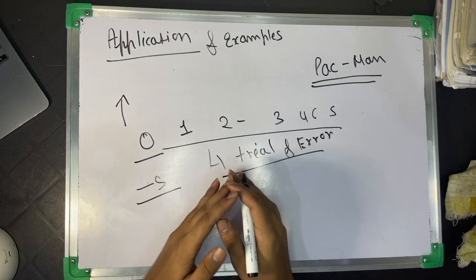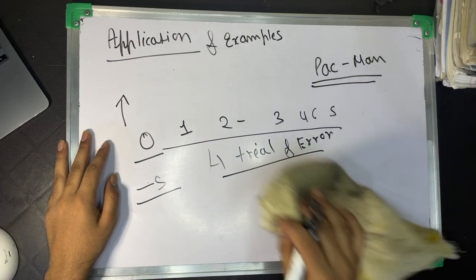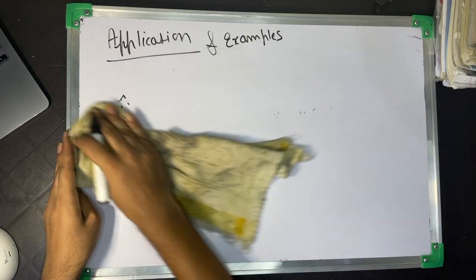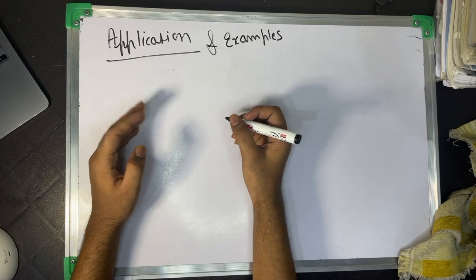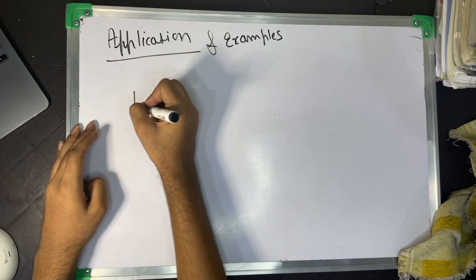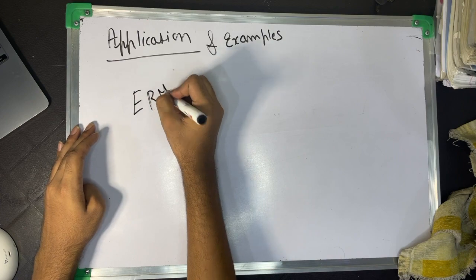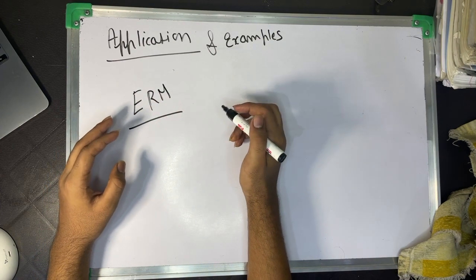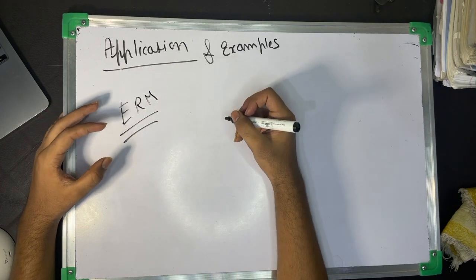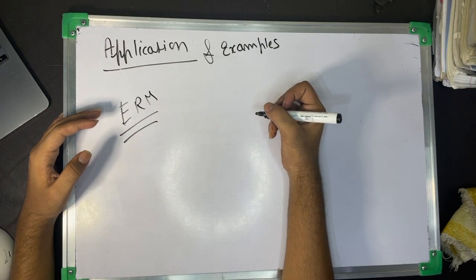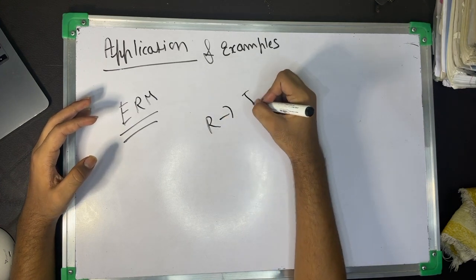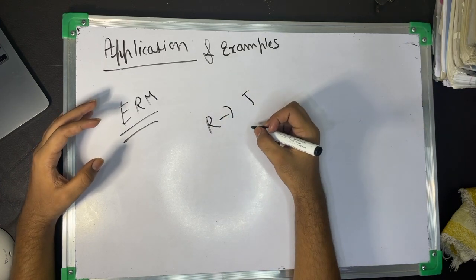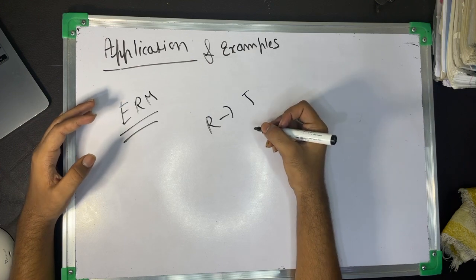Now, reinforcement learning can also work in resources management. We have all heard about enterprise resource management, or ERM. In ERM, we have an RL algorithm that can allocate limited resources to different tasks, as long as there is an overall goal it's trying to achieve.